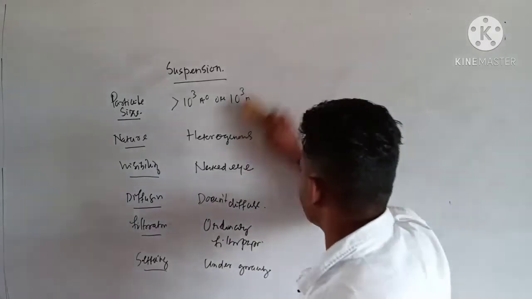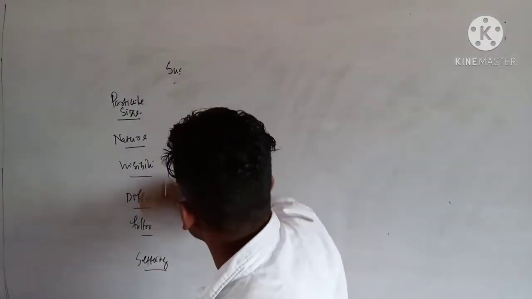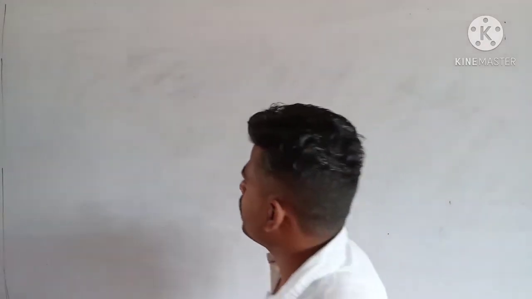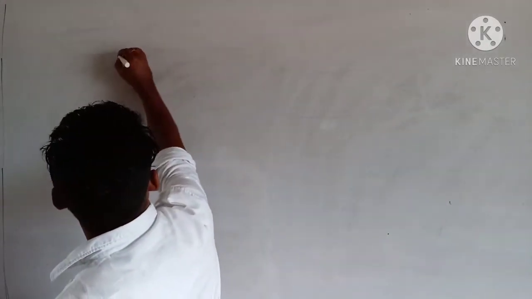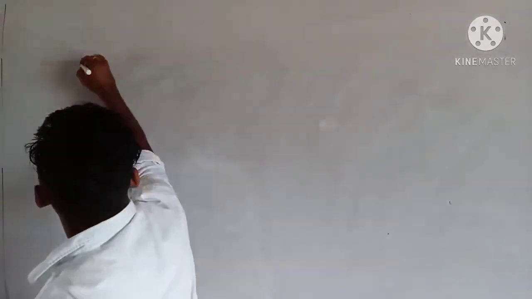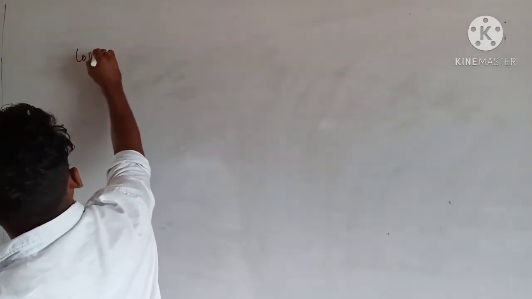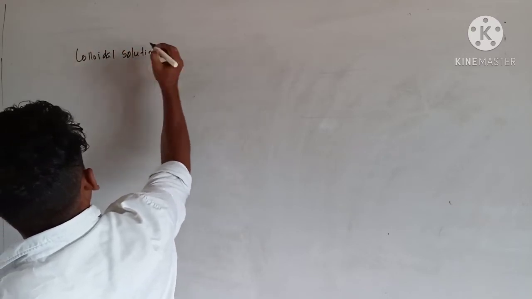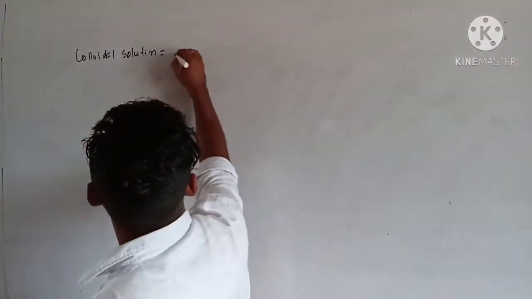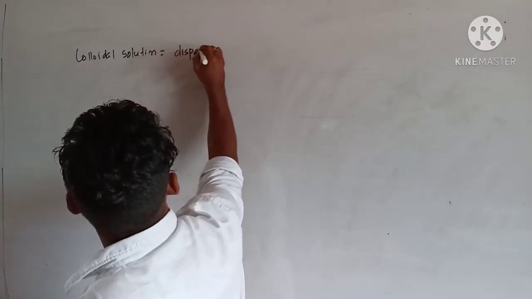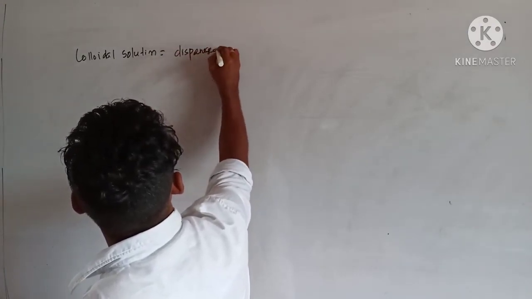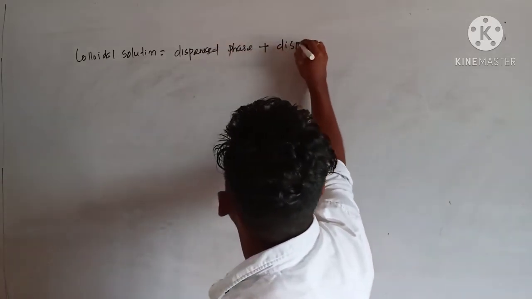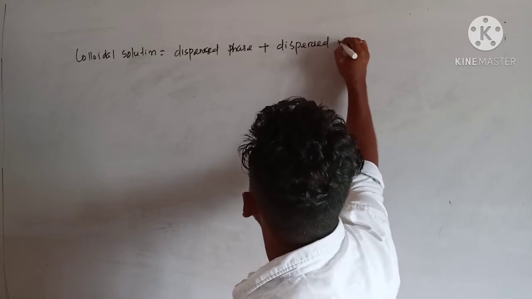So in case of a solution, we are using solute and solvent. So here also we are using solute. That colloidal solution I can write over here. Colloidal solution, it has two components: dispersed phase plus dispersed medium.